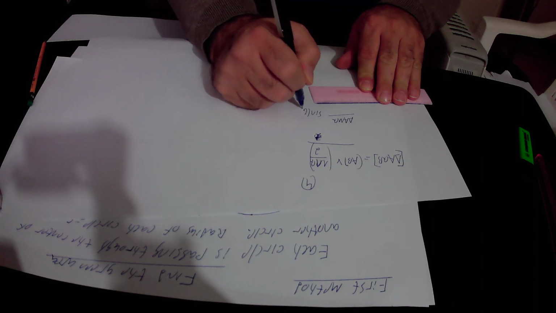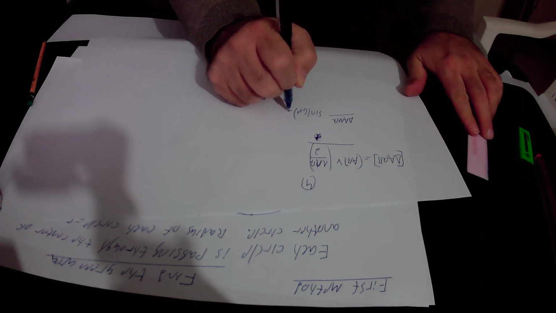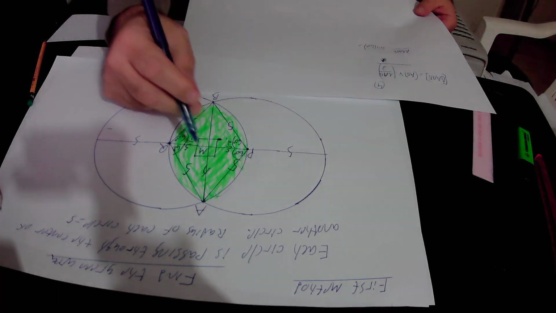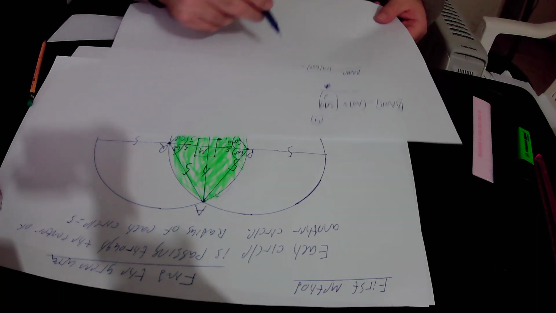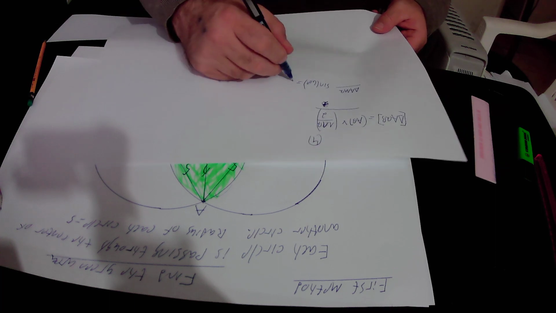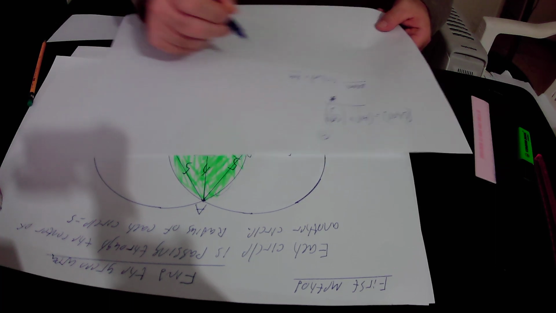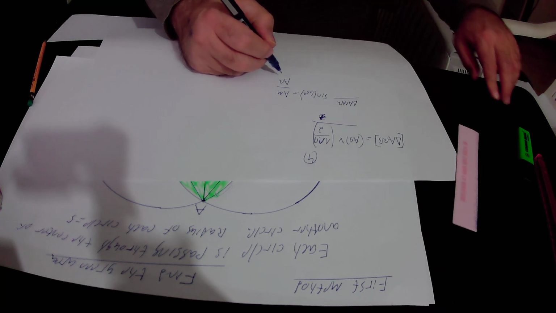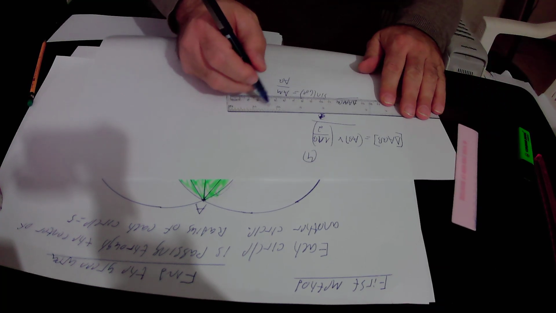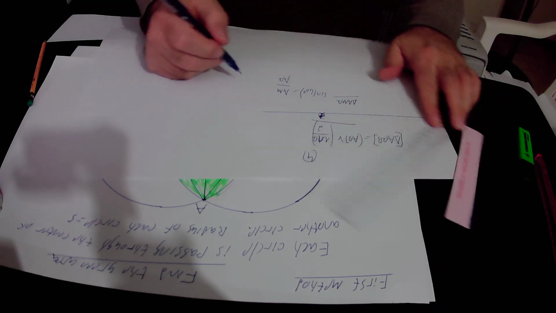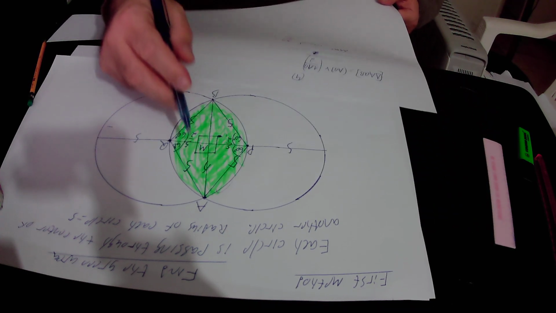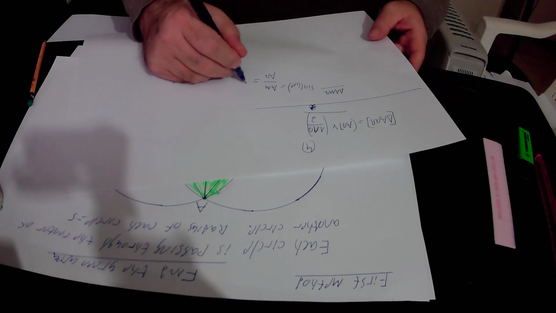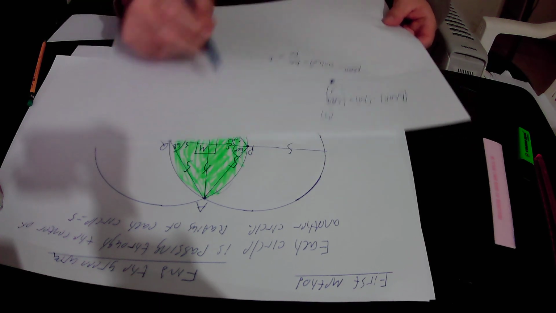Sine 60 degrees equals h, it is actually AM over AQ. AM is h, the missing variable, AQ is 5.